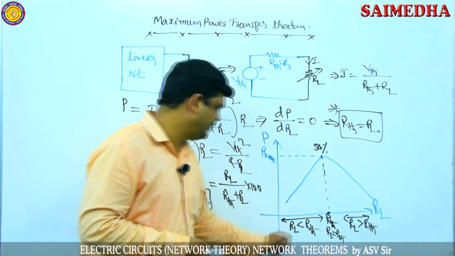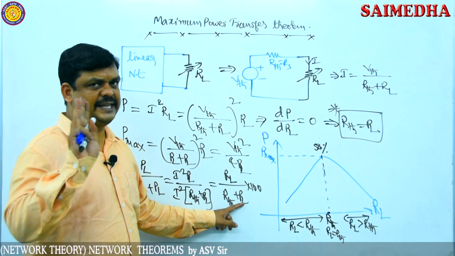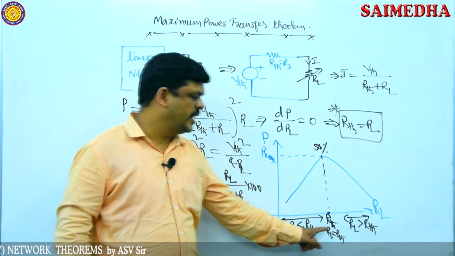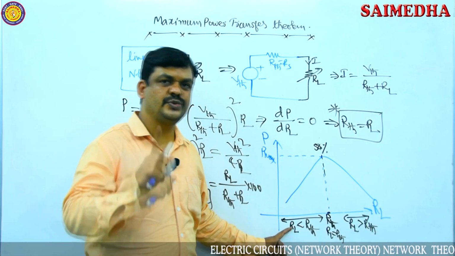RL is less than RThevenin. This value is less. For easy understanding purposes, I am taking a few values. RThevenin is 10, RL is 1.